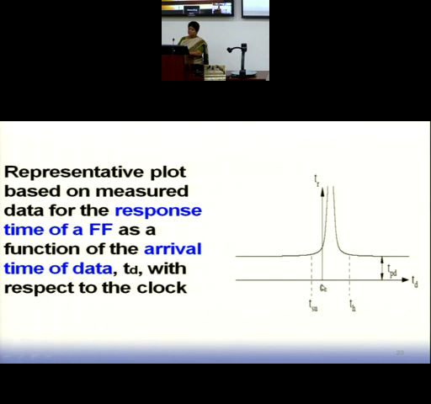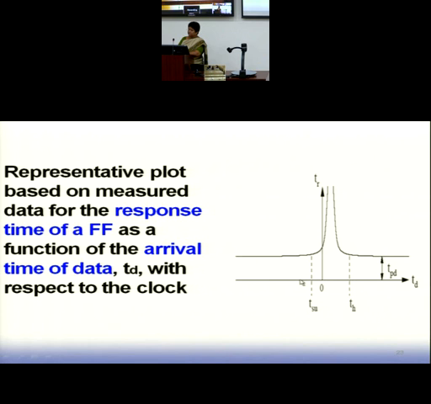We are assuming a nominal clock edge arriving at t equal to 0. So if your data arrives early, at this time, it is stable. The time taken by the flip-flop to which it is being fed is a bounded time. Within a known time, it would be able to pass this on. Can you see the response time is a lesser value?